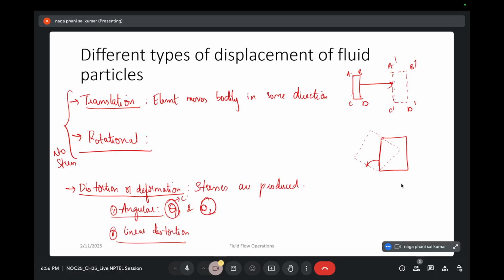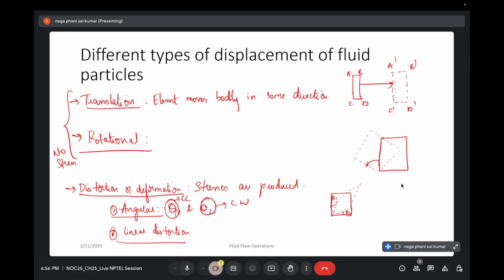After deforming, the fluid particle will be of this shape.